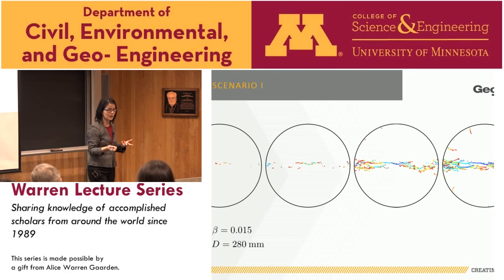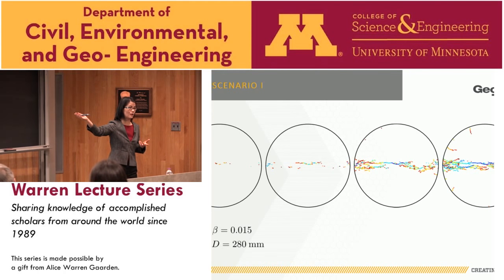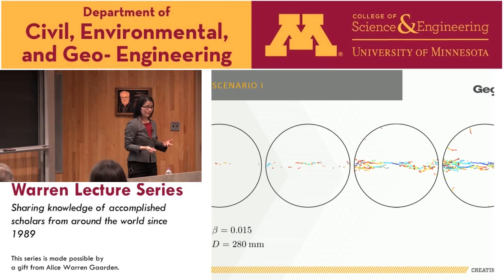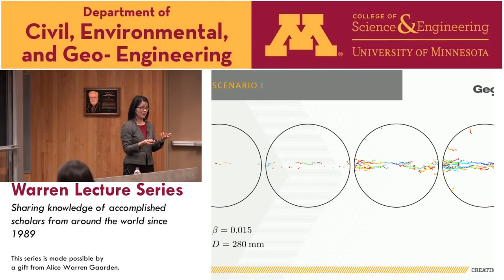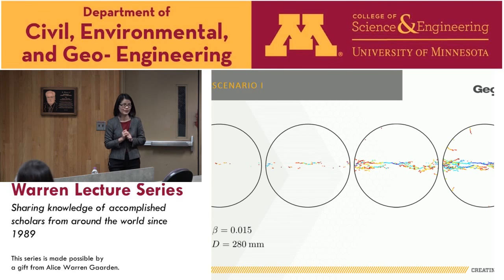So that means the process zone is at least, in this case, 1/3 of the diameter. That was quite surprising. I didn't expect that, but that's what we observed. In other words, in this type of material, the process zone is actually very large for tension, comparable to the diameter.